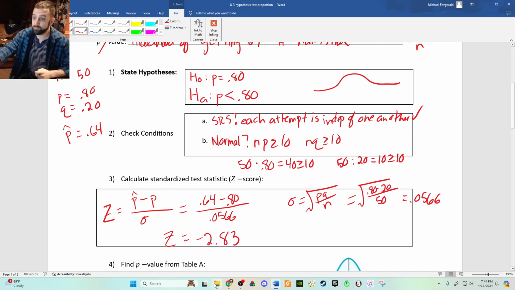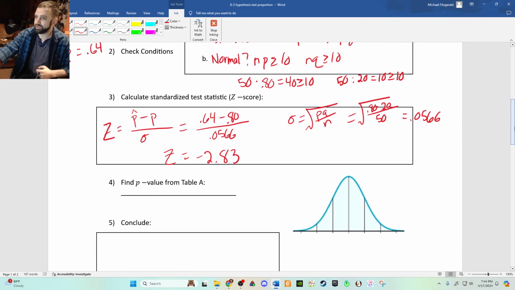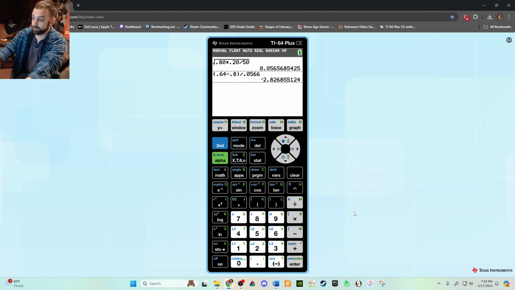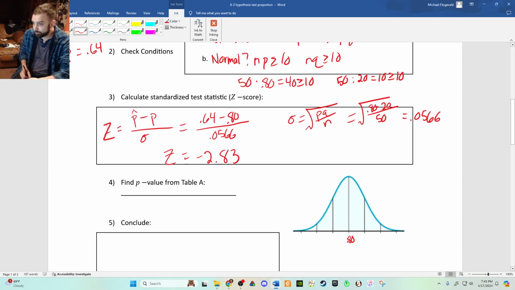So I want to see what's the probability of getting this. Let's fill in a z-curve here. Wouldn't I have 0.80 here? Let's just go to the left because that's all we care about now because that's where our 0.64 would be. Let's see, 0.80 minus 0.0566, 0.7434 would be here.